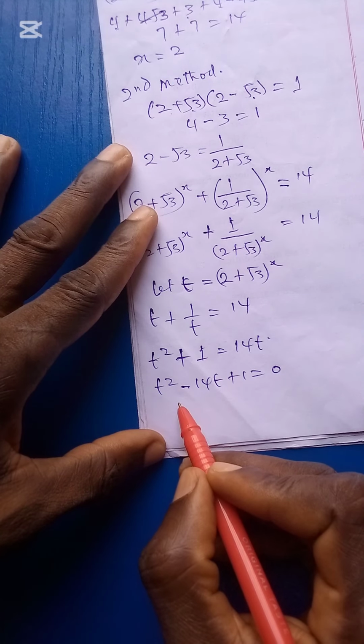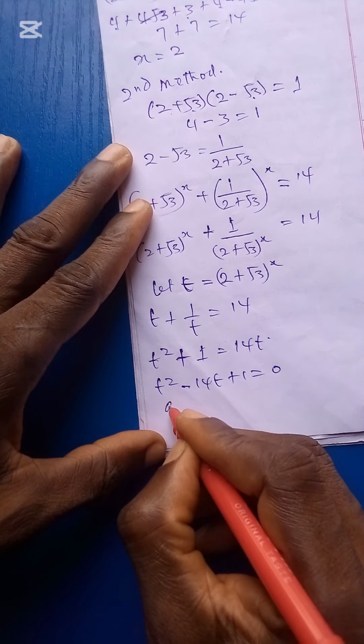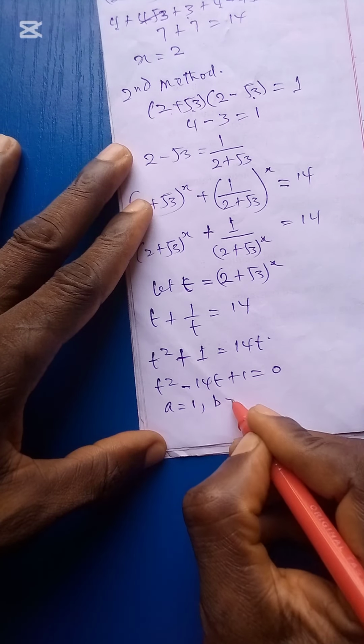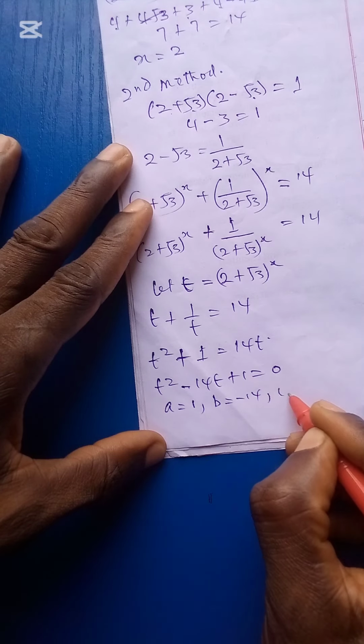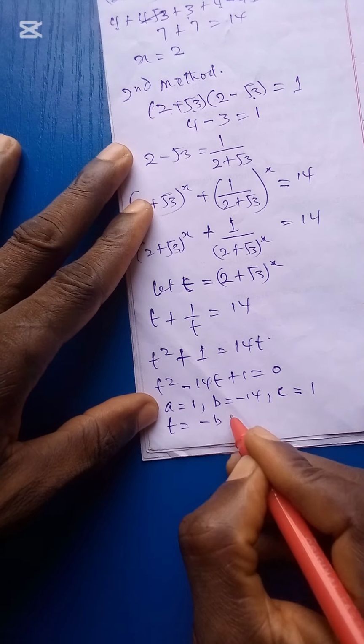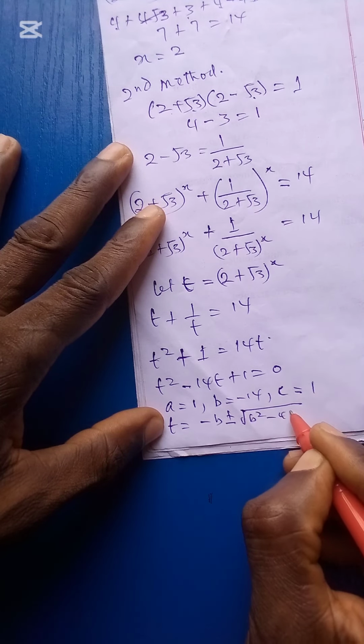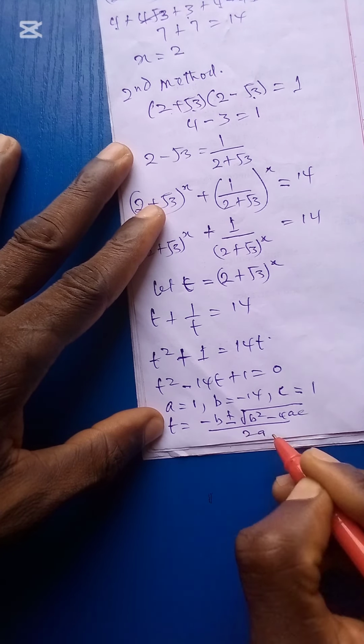I'm going to use the formula method to solve this quadratic equation, where a is equal to 1, b is equal to −14, and c is equal to 1. So t equals minus b plus or minus the square root of b squared minus 4ac, all over 2a.